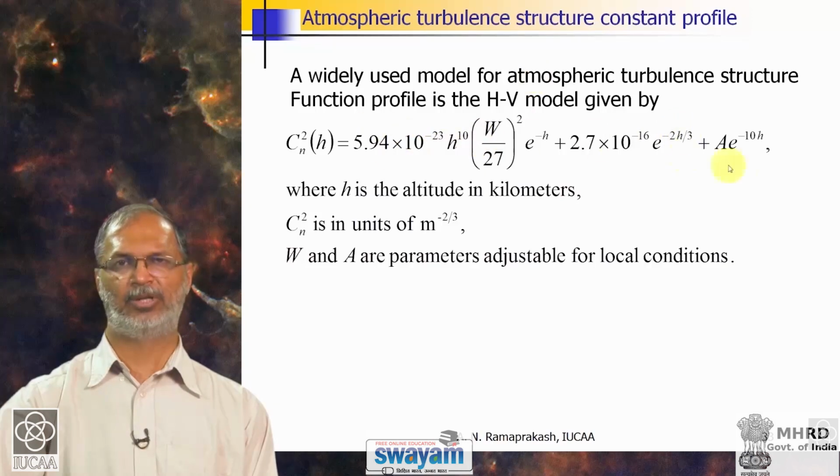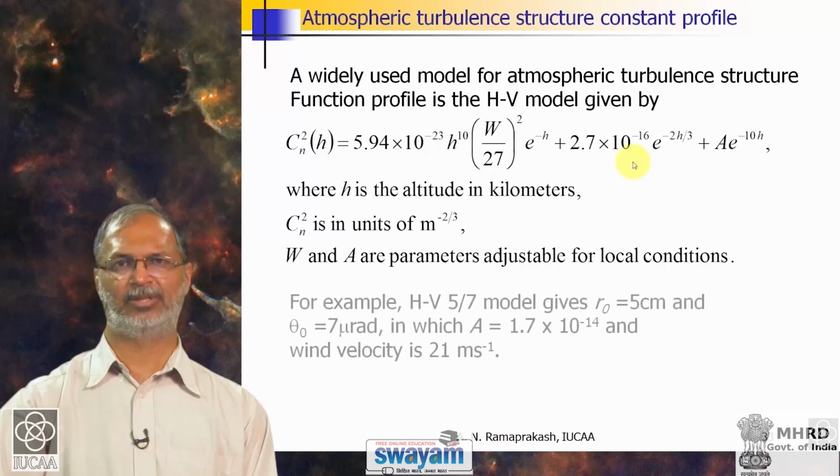This model is parameterized by the height at which most of the turbulence occurs, the effective height of the turbulence. Cn squared has already been defined as the structure constant of the refractive index, and W and A are parameters which are adjustable for local conditions, determined through actual measurement.